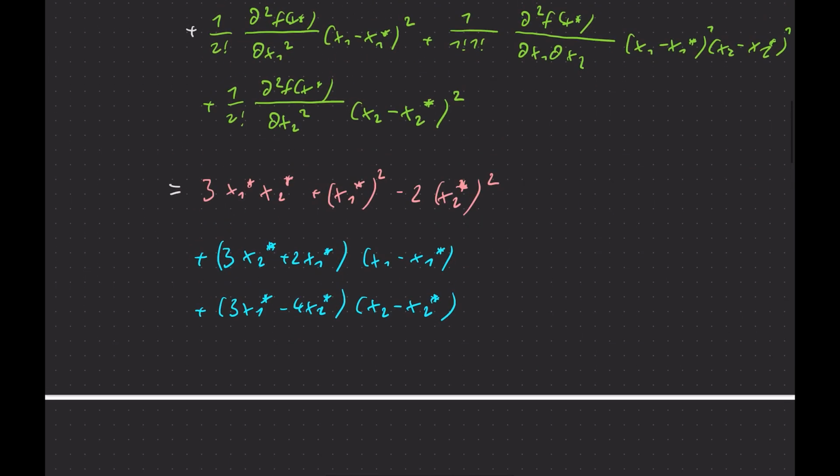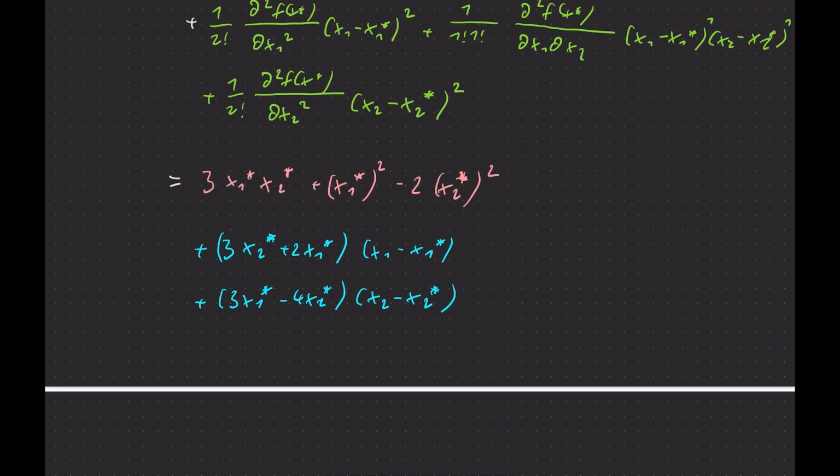And finally, for the green part, we get plus 1 over 2 times 2, that was that derivative here, times x1 minus x1 star squared, plus the mixed derivative was 3, the factorial is 1, so that does not matter anymore, times x1 minus x1 star times x2 minus x2 star.